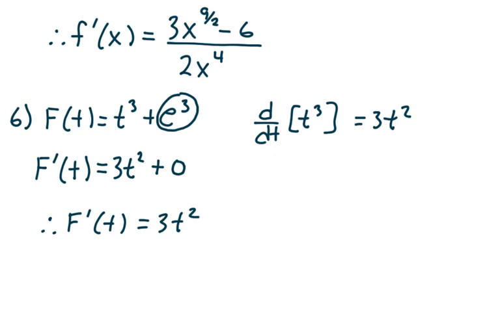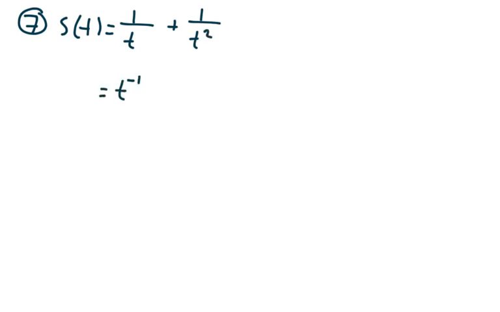If we take a look at example 7, suppose we had s of t is equal to 1 over t plus 1 over t squared, which is t to the negative 1 plus t to the negative 2.